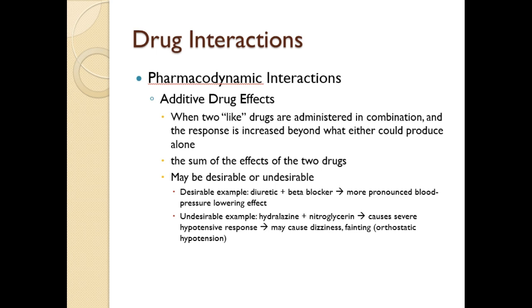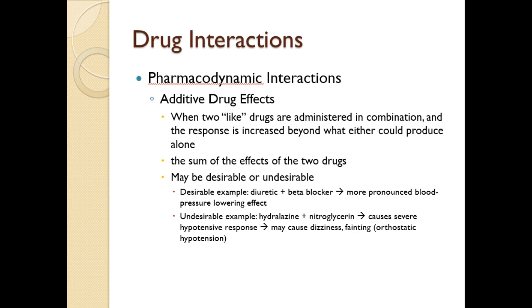For example, the goal is to lower the blood pressure of your patient, so there are two different classes of antihypertensives. That's what you mean by two like drugs. If they are administered in combination, then the response will be increased beyond what either could produce alone. So this is like a 1+1, the sum of the effects of the two drugs.